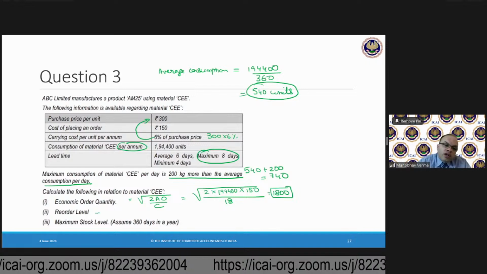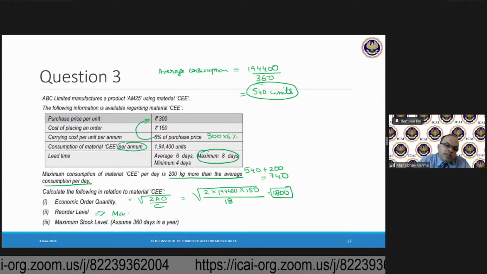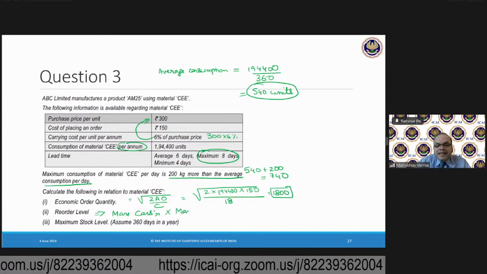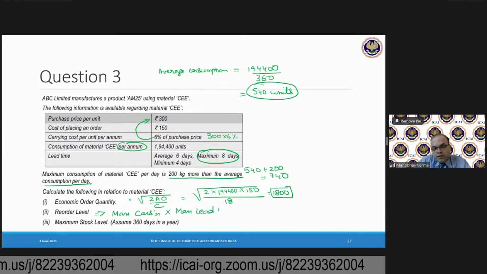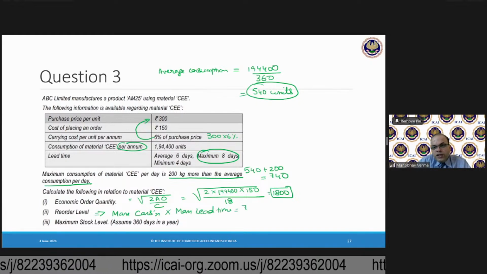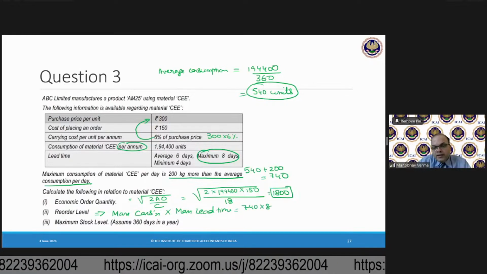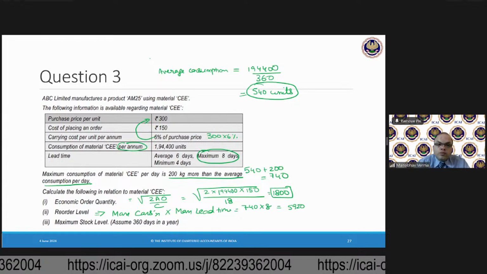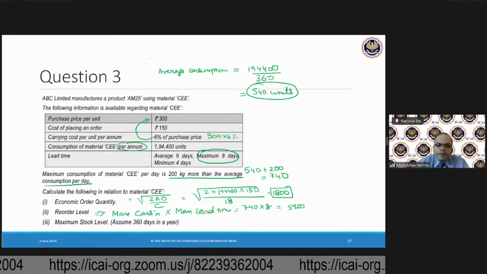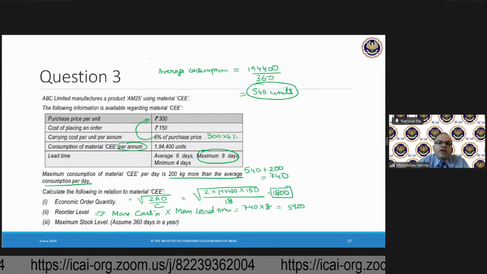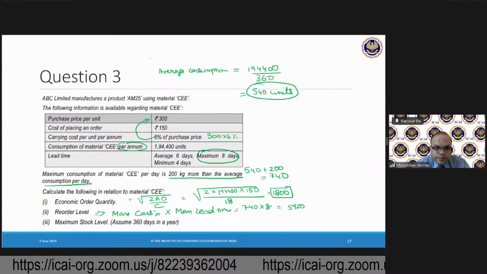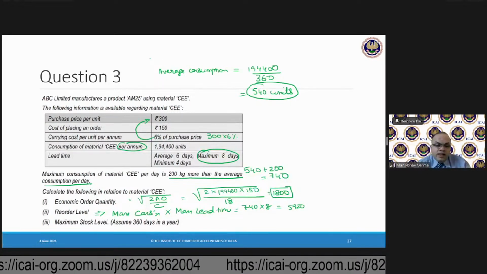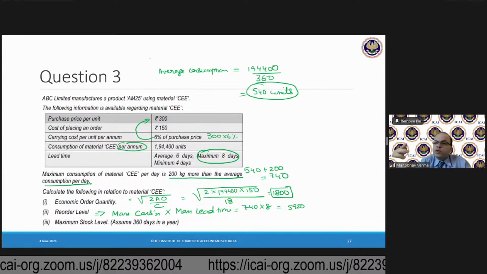That means for a reorder level, using the maximum consumption and maximum lead time, we are looking at 740 into 8 here, which is 5920. We are looking at 5920 as the reorder level. Done, absolutely perfect. People on the query panel, is it clear, guys? The first 2 points are clear to everyone?